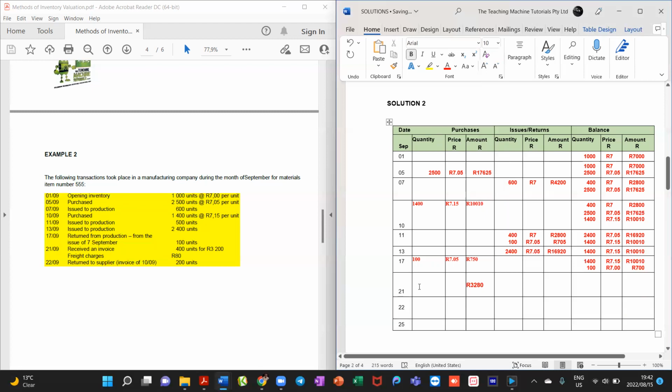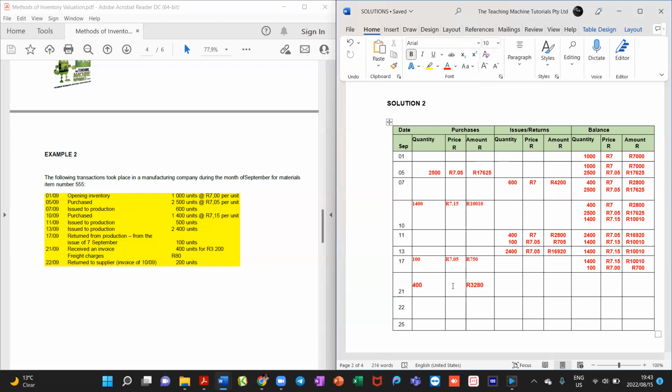So I've added the total amount and the freight, the carriage cost. How many units? 400 units. How will I find the price per unit? I will say 3,280 divided by 400. It will take me straight to the price per unit.